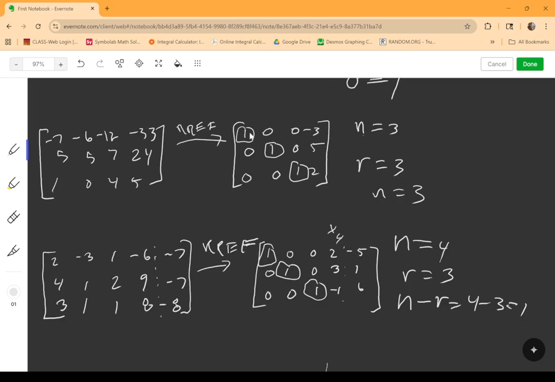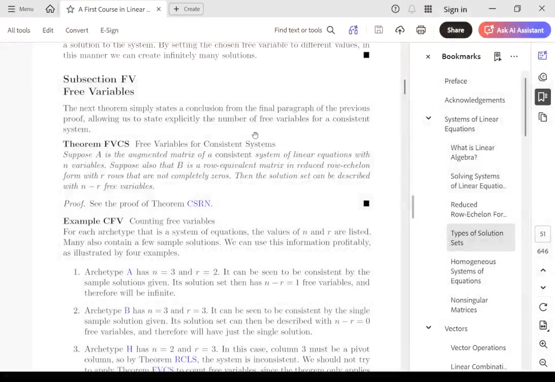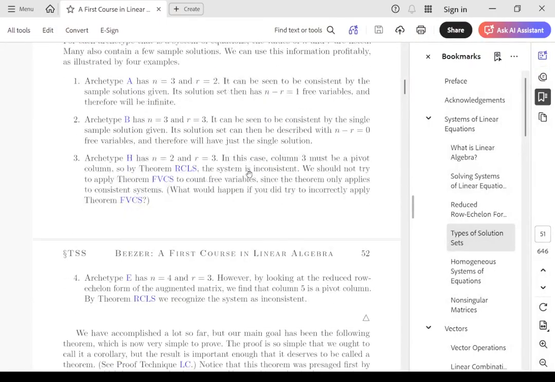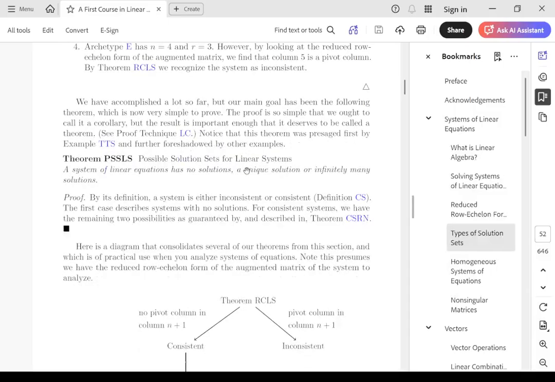Okay, so now to finally wrap up this section, our last theorem states theorem PSSLS, possible solution sets for linear systems.